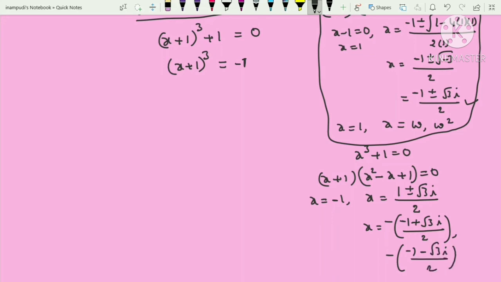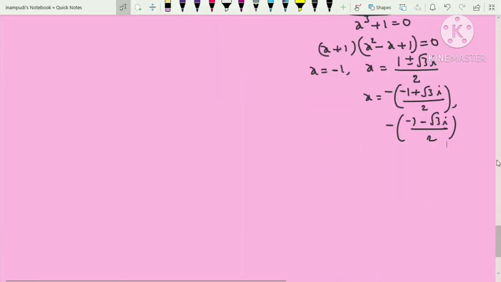These are the roots of this equation: x is equal to minus omega square, and x is equal to minus 1.